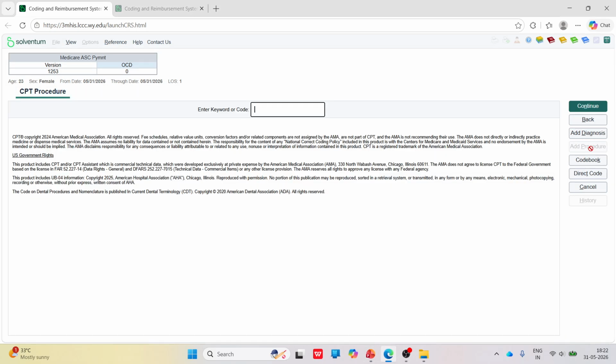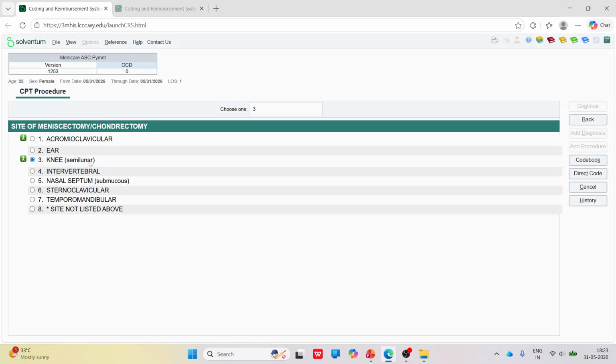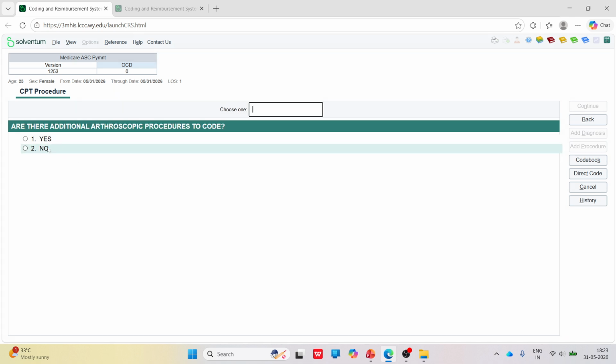So, meniscectomy procedure for the knee, arthroscopy, medial and lateral. No, there is only the medial side. So for only medial, we'll give the medial or lateral option, so here it is only one.